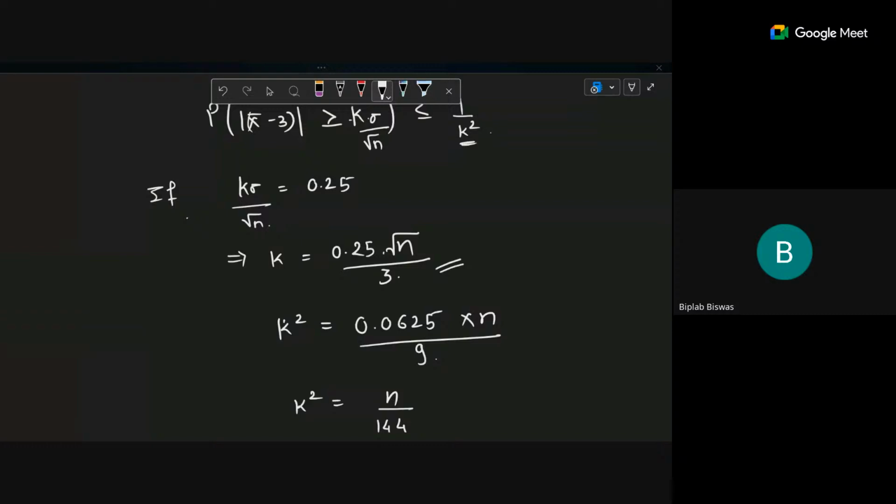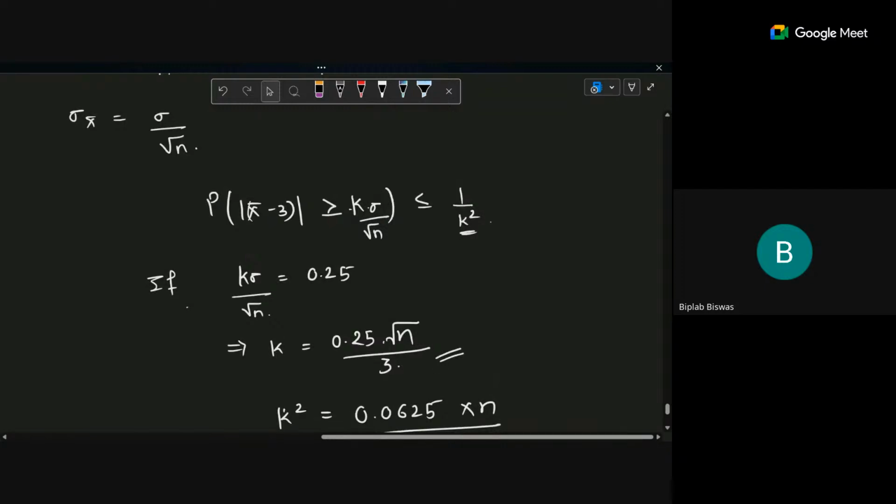Then we divided by root n. Is it like the first one is for the population and later we made it for the sample? Here, mod of x bar minus 3 greater than or equal to 0.25. Greater or less or equal to, both. So why are we dividing that by root n?